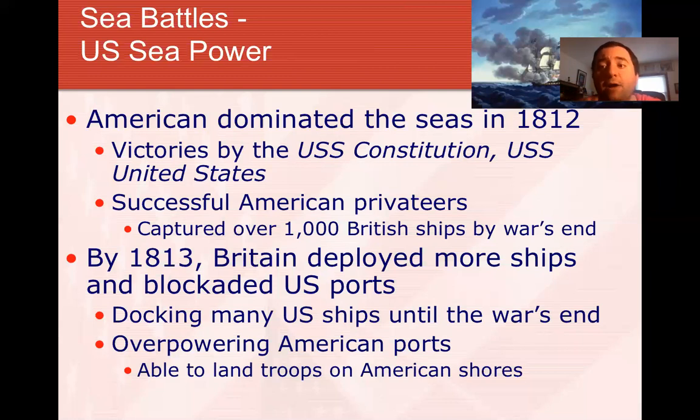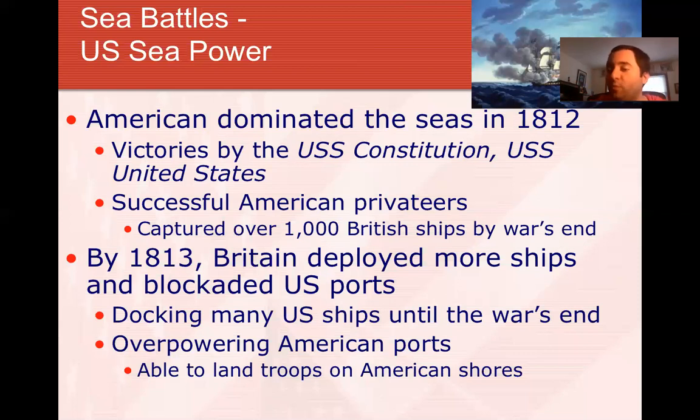If they overpower these American ports, which they did, they're able to land troops on American shores. So not only will this keep U.S. troops at bay because it's overpowering the ports and docking many U.S. ships, but now Britain is able to land troops on American shores.